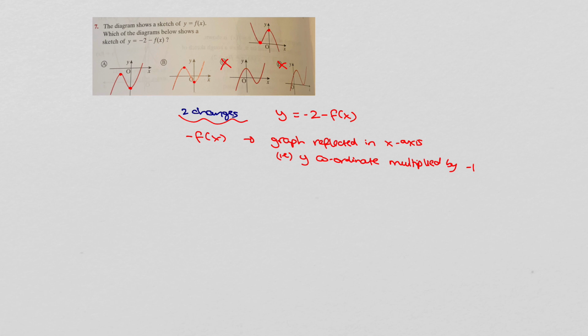So our second change then is that we have the function -2. That means all of the y values now have 2 taken away from them as well. So in other words, the graph moves down the y-axis by 2 units.